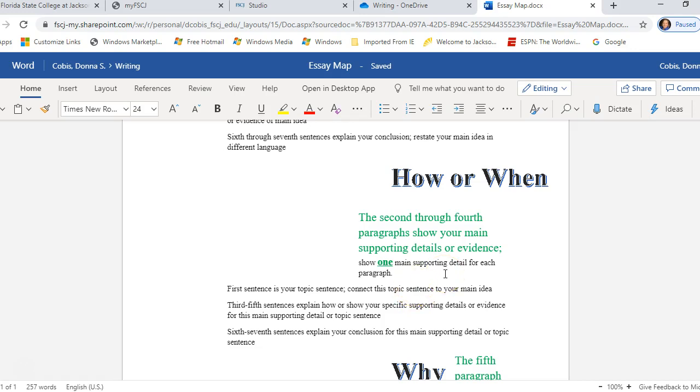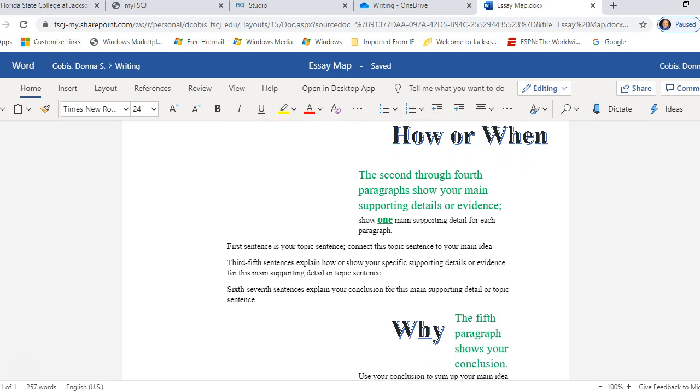Each of these supporting paragraphs will have a topic sentence, and that topic sentence is most likely going to be that first sentence. So the next few sentences in each of these paragraphs will, in greater detail, support that particular detail or explanation, evidence, etc. And then the last few sentences will conclude that portion of the supporting detail.